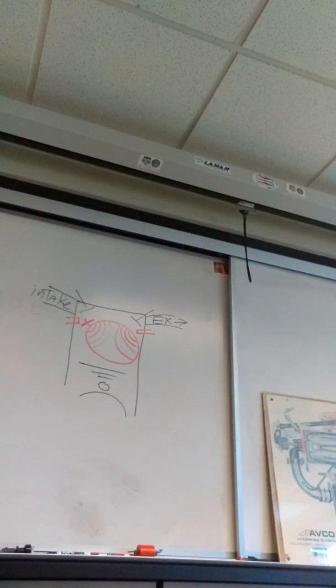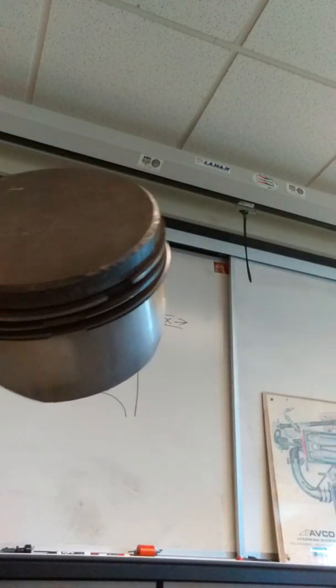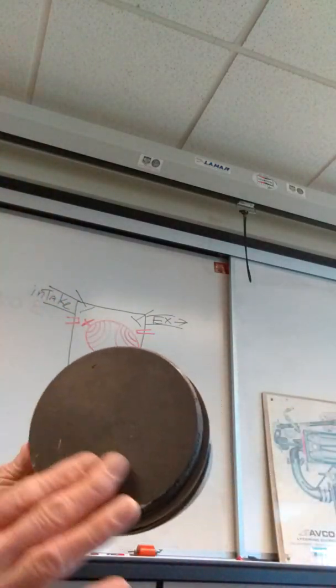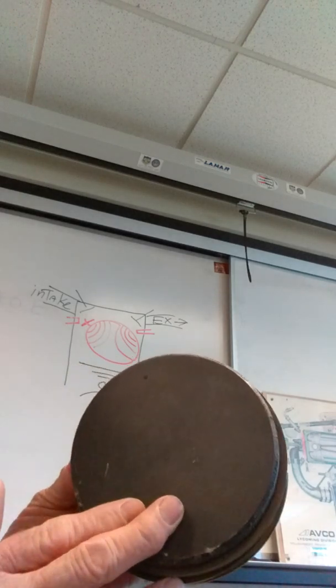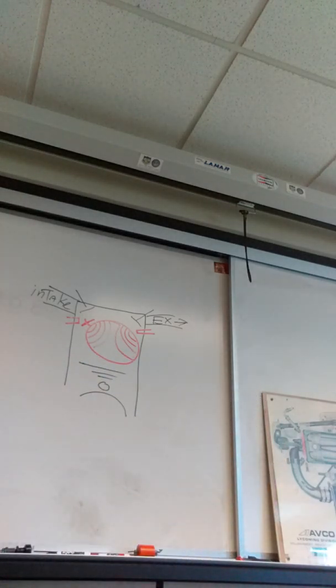You can actually see on pistons when they come out of an engine what's going on flame-wise up here on top of the piston, and kind of see what's going on with the cylinder. We have one engine of our aircraft out here where we found that it had a white color on top of the piston.